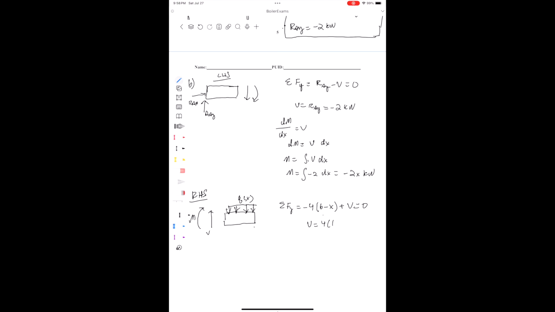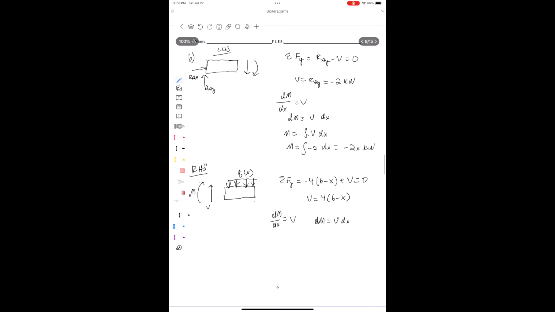So then we end up with our shear force as being 4 times 6 minus x. And then again, in order to find our moment, we're just going to integrate that. So we have dM over dx equals V, and then dM equals V dx.